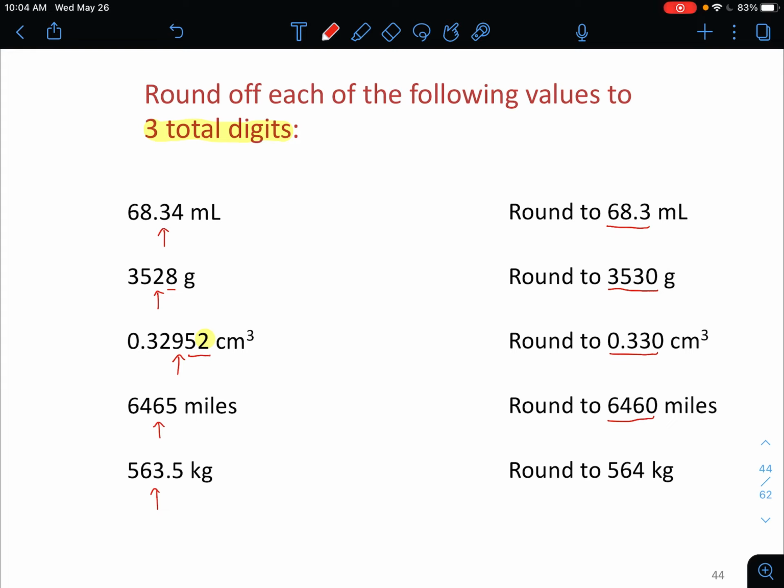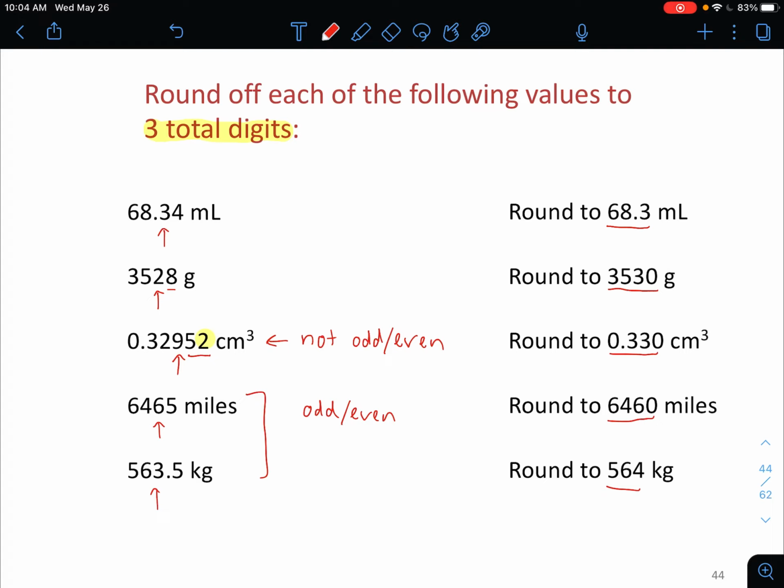It's followed by 5 and nothing else, so both of these are cases of the odd-even rule. This one is not the odd-even rule because there's numbers after that 5. But following the odd-even rule for the last one, since 3 is odd, we round up to 564. Okay, so that should cover the basics for rounding.